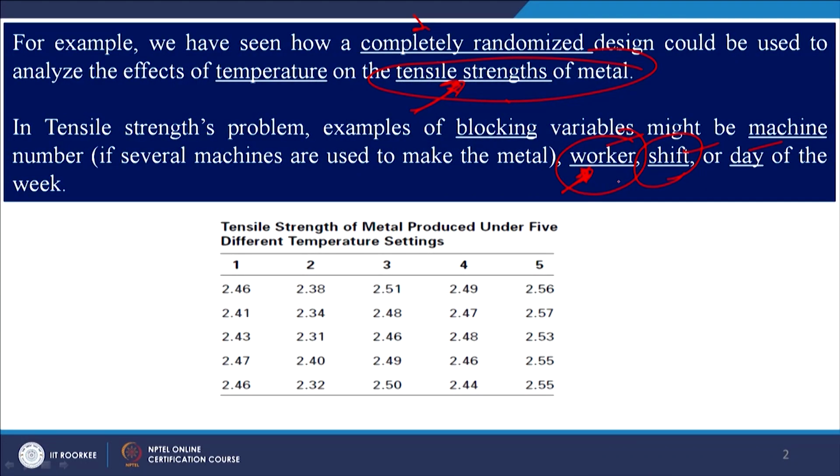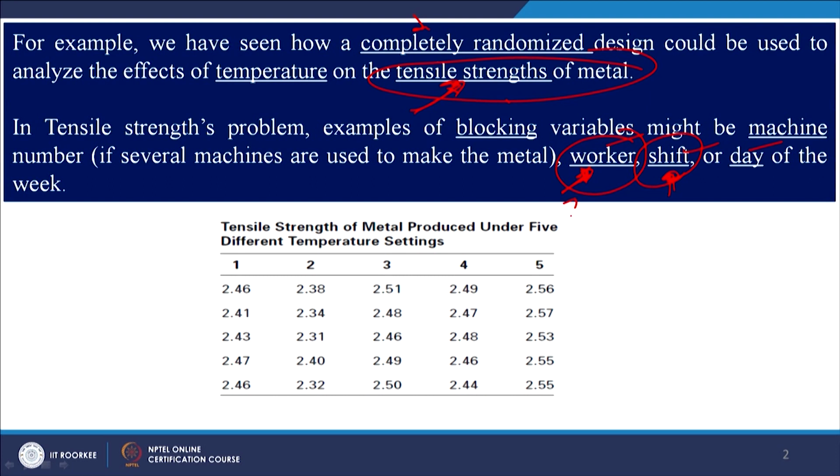Or we can check the tensile strength of the metal when the operation is being done in different shifts and at different temperature levels. So, this would become in that case a blocking variable, right.